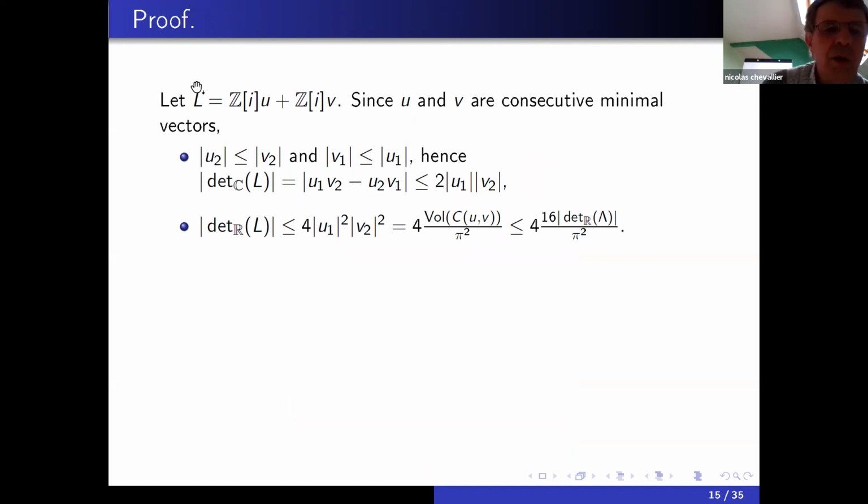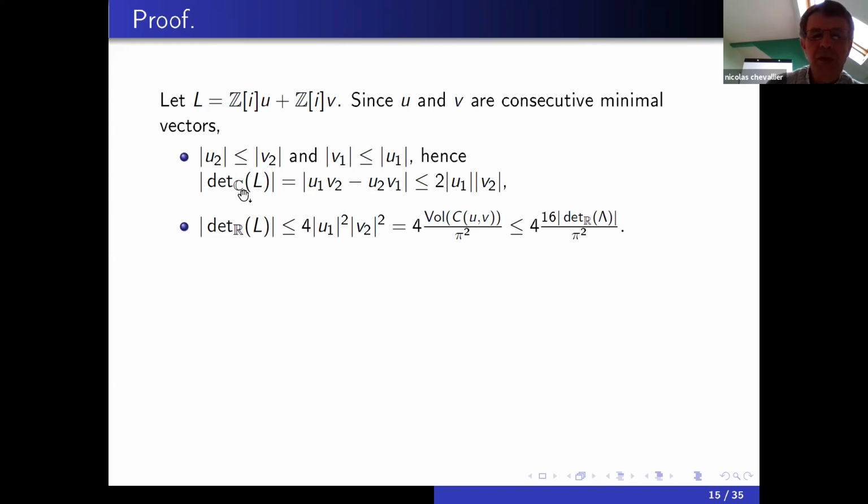So we call L the lattice generated by U and V. And since U and V are consecutive minimal vectors, we know that the second coordinate of U is smaller than the second coordinate of V, and the reverse inequality for the first coordinate.